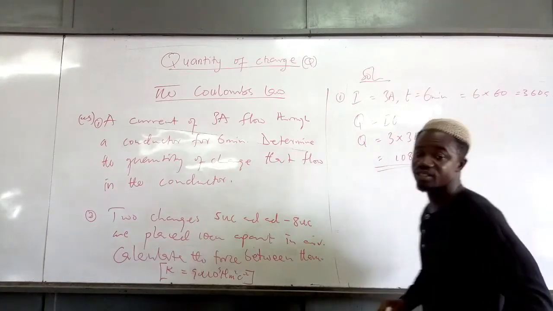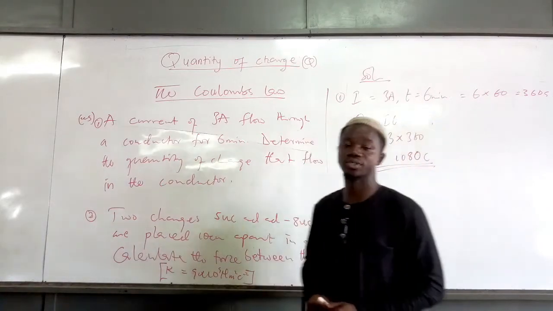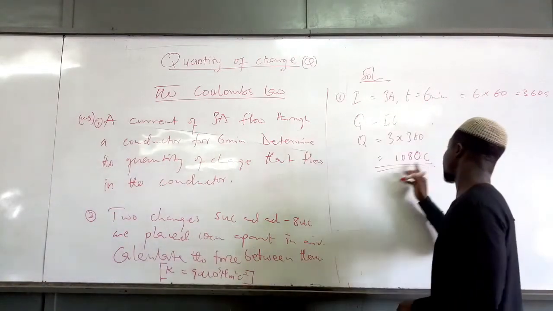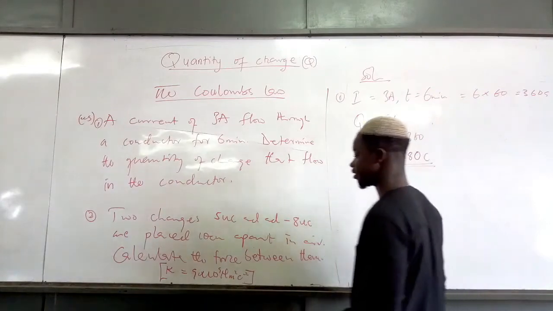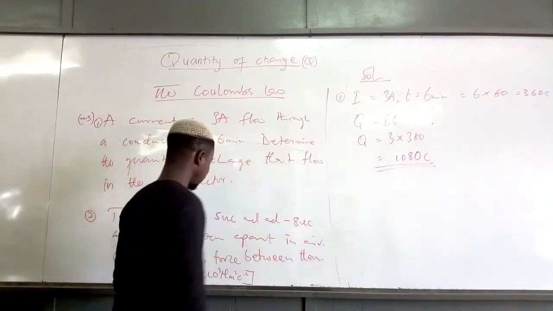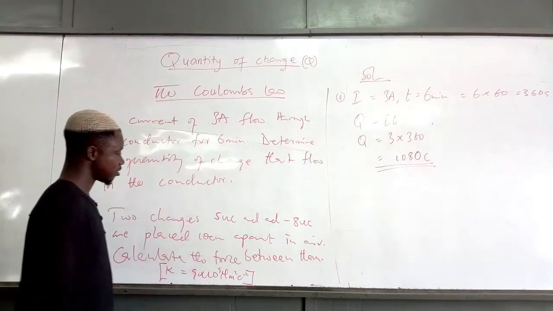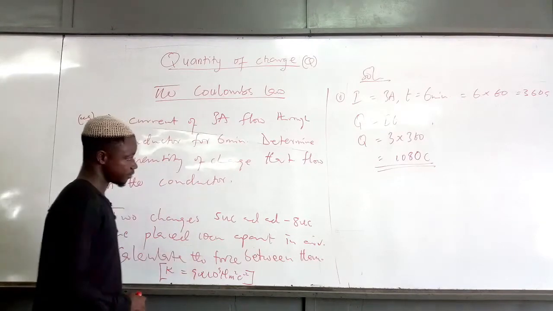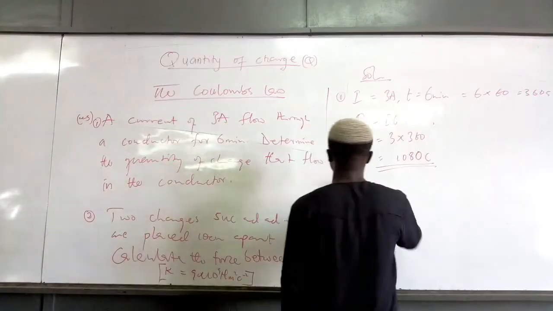It means that the quantity of charge stored is given by 1080 coulombs. Good. Then we go to example 2.